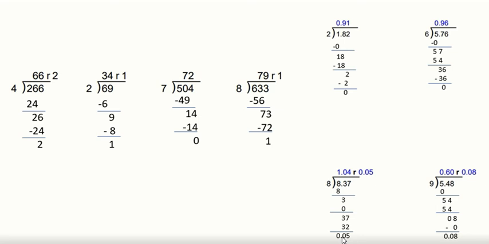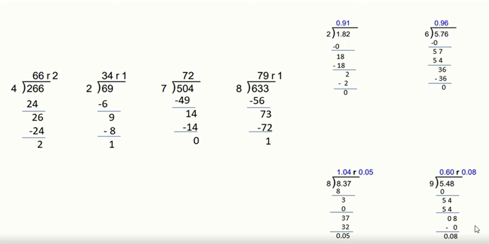So your remainder is 0.05. Anything you have left over after you've gotten the problem to this point and all your bases have been covered up here, that's a remainder. So in this case, 8.37 divided by 8 is 1.04 with a remainder of 0.05.